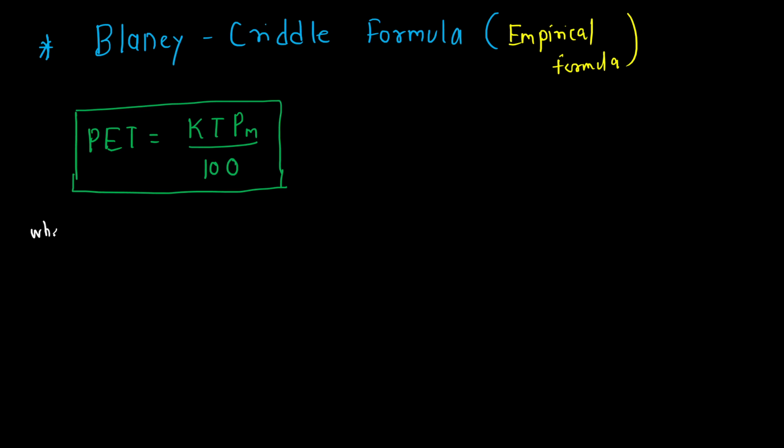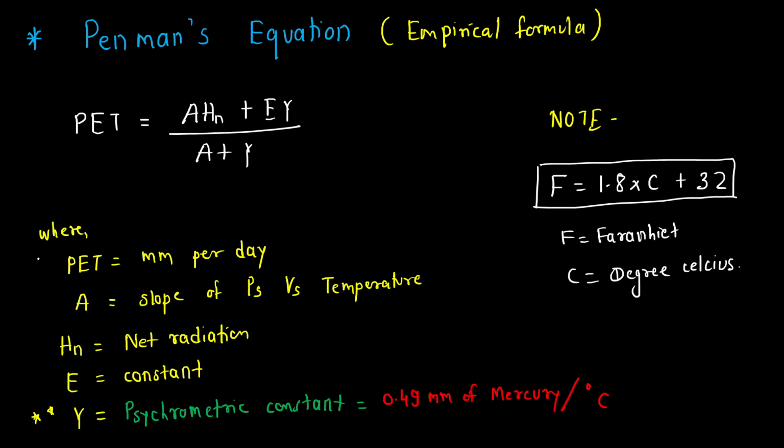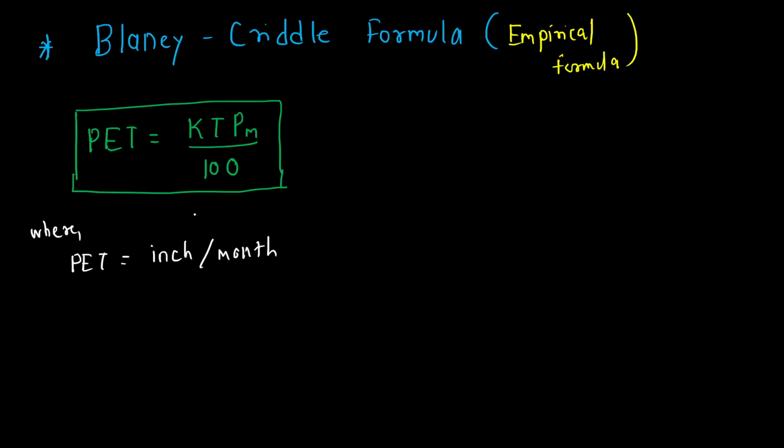Where, important now, PET is potential evapotranspiration and it is measured in inch per month. That means if we substitute these values here, we will get the potential evapotranspiration in inch per month. If you go back to the formula given by Penman's equation, what was the unit of potential evapotranspiration? Mm per day. In this case, inch per month.